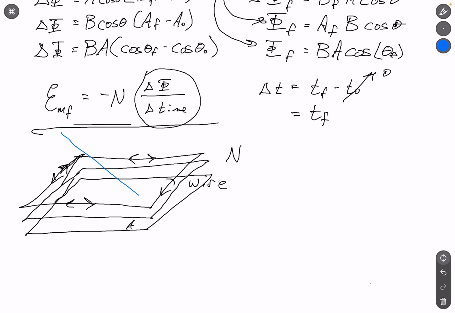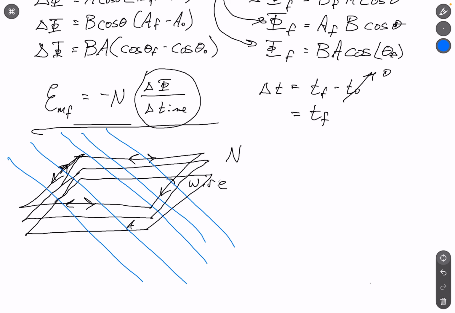So let's see if we can draw a B field that goes through all of these things. Okay, so there's our B field going through all the areas, and then we can draw the normal to the areas.